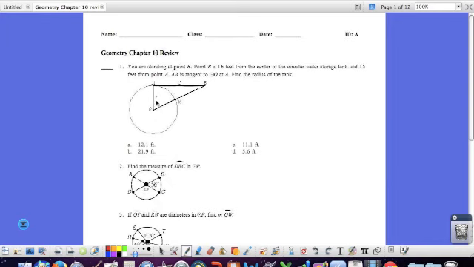Basically, you could read the whole problem, but this is a right triangle because the tangent and the radius will form a right angle. So we have the radius squared plus 15 squared equals 16 squared.